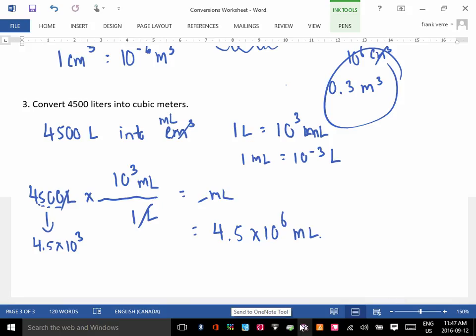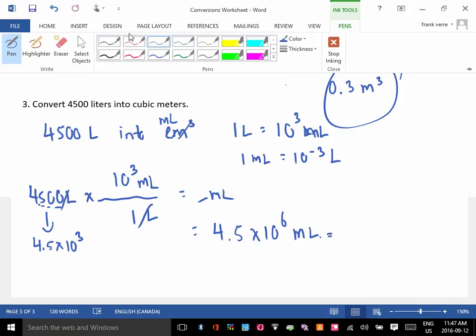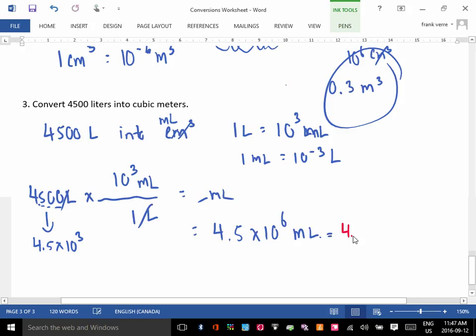Now, we want our answer in cubic meters, though. So, remember, this is the same as what? 4.5 times 10 to the 6 cubic centimeters. They're equivalent, right?